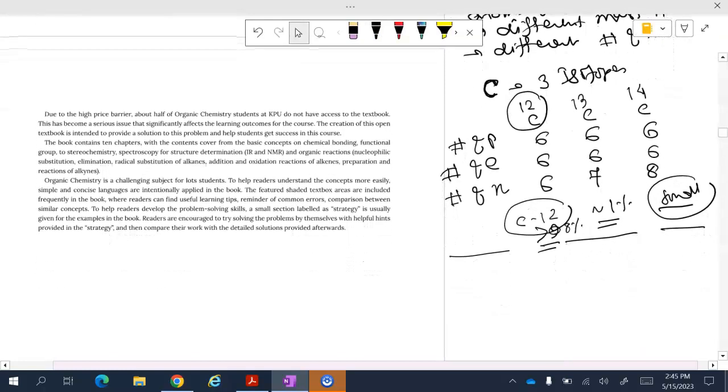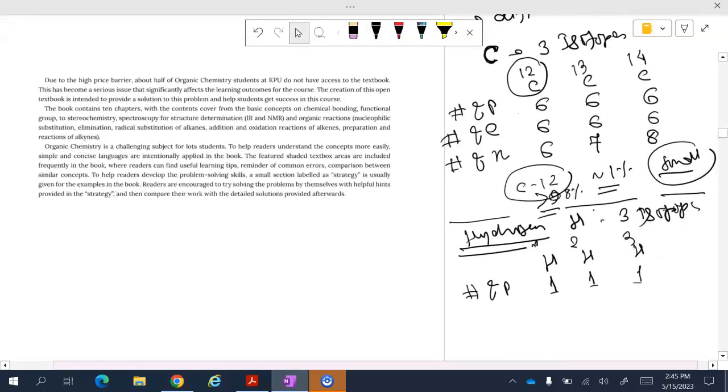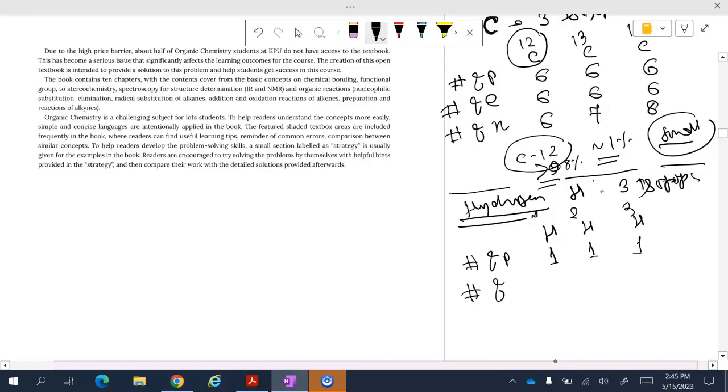Now the next part that we need to be very familiar with: another common element is hydrogen, symbol H. There are also 3 isotopes of hydrogen: hydrogen 1, hydrogen 2, and hydrogen 3. In each case, the number of protons is 1, and of course the number of electrons is also 1.